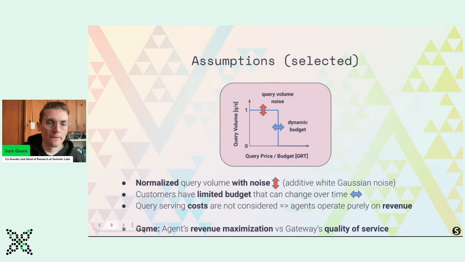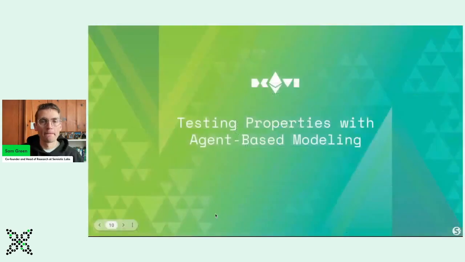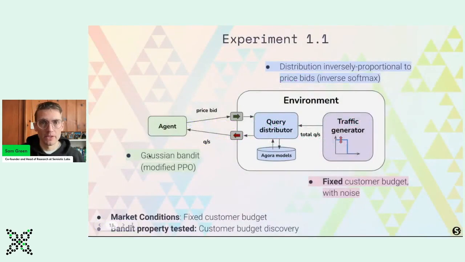The agent's goal is to maximize their revenue. That's their objective, to find prices that can win bids and fill the most queries and maximize the revenue. On the other side, the marketplace cares most about quality of service. The marketplace doesn't care about revenue maximization.